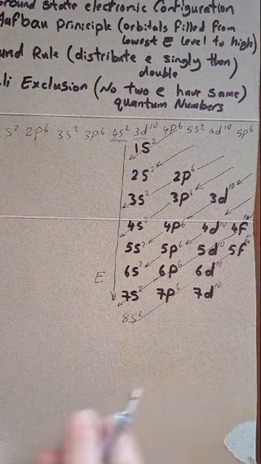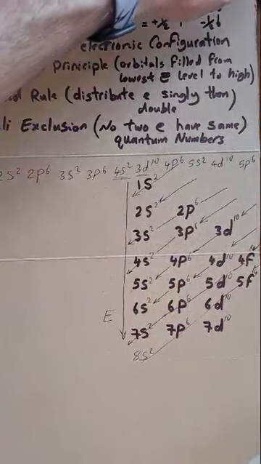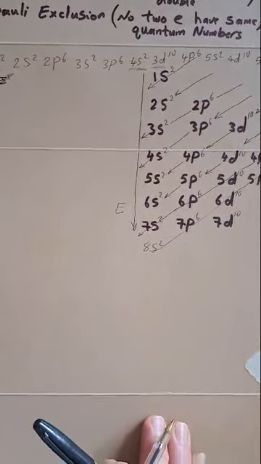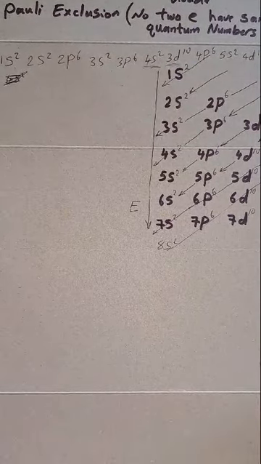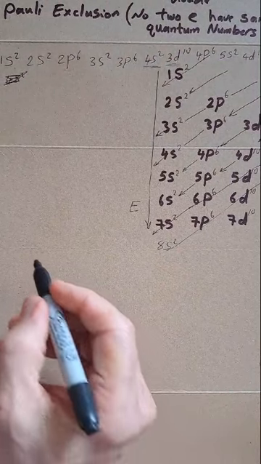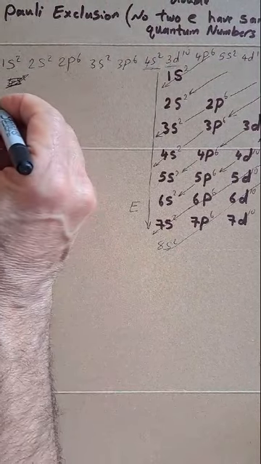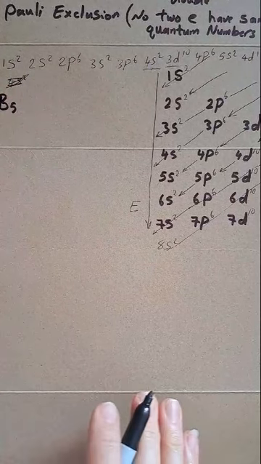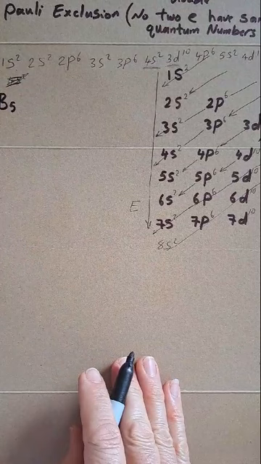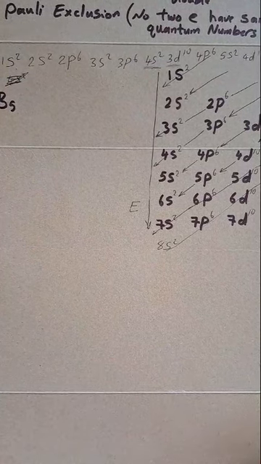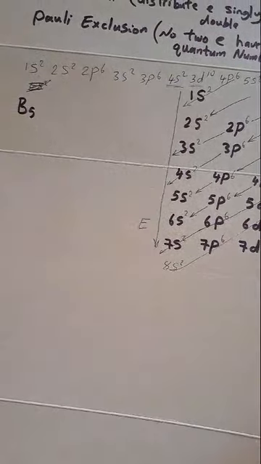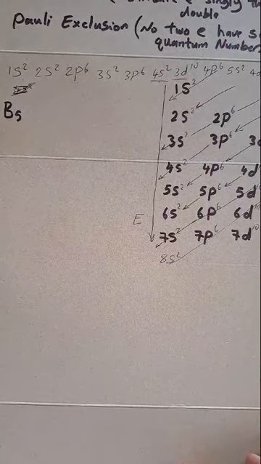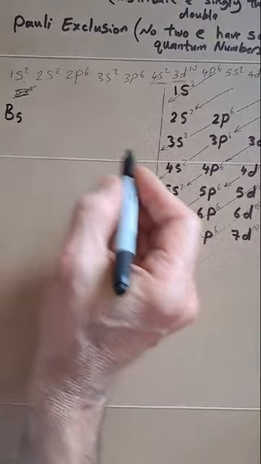Now, if we want to arrange the electron configuration for boron, like if I want to go with boron 5, can you see that? Yeah. So boron 5, we have to follow the order.